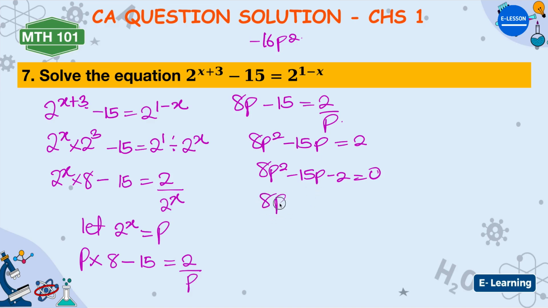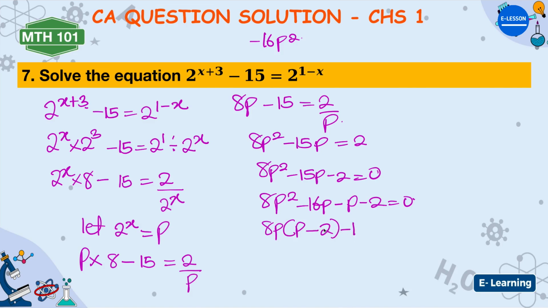So this will give us 8p squared minus 16p minus p minus 2 is equal to 0. What is common between 8p squared and 16p? Of course, it is 8p. 8p squared divided by 8p will give us p. 16p divided by 8p will give us 2. Minus 1 is common here.